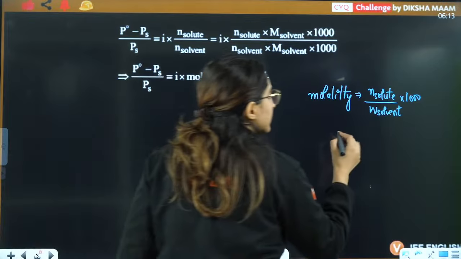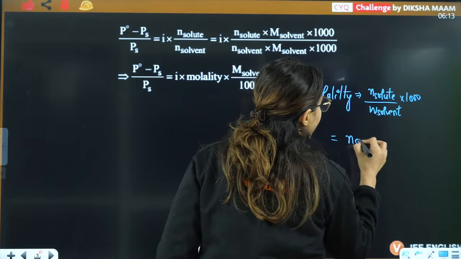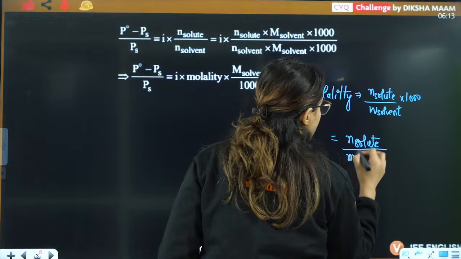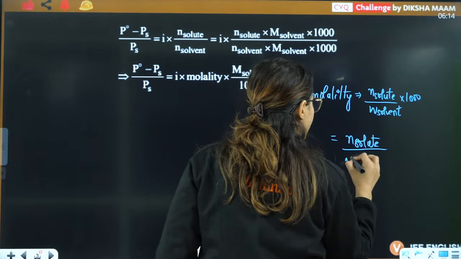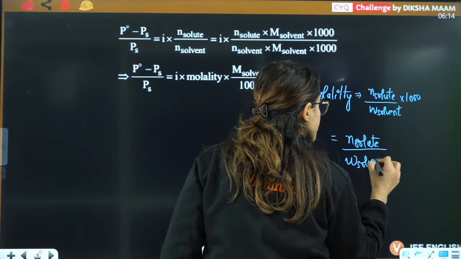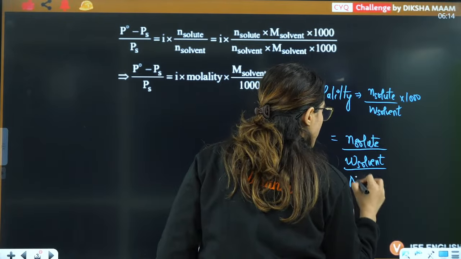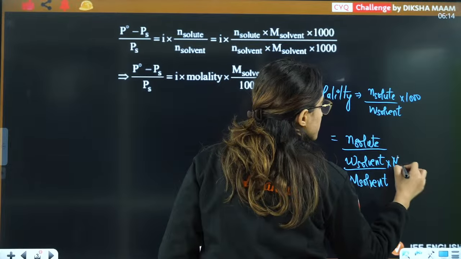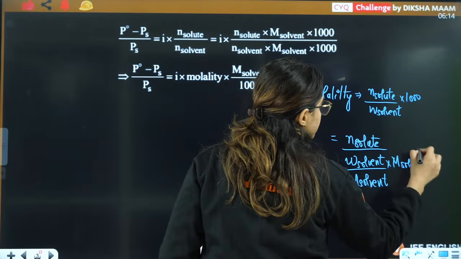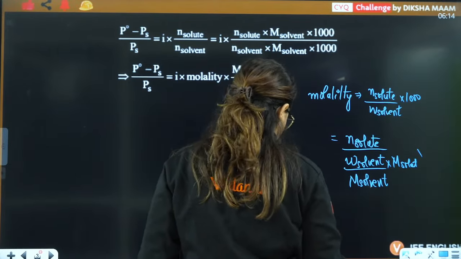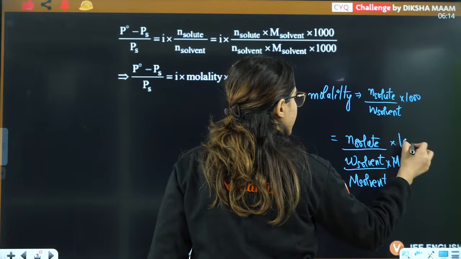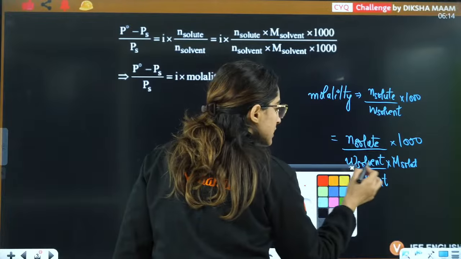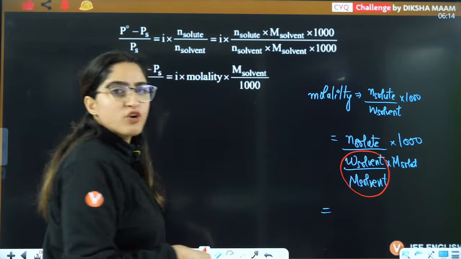Now if I multiply and divide this by the molar mass of solvent, then weight of solvent over molar mass of solvent is the number of moles of solvent.